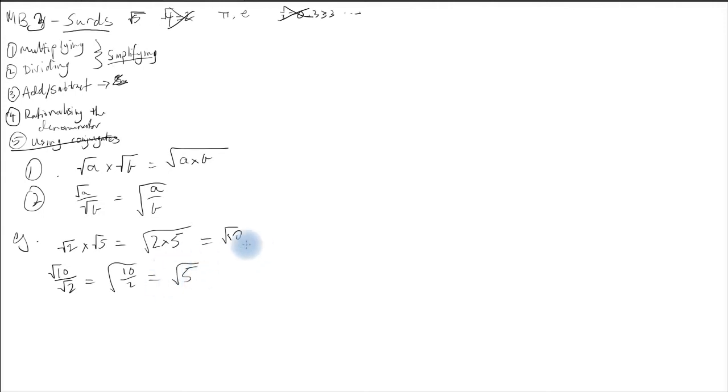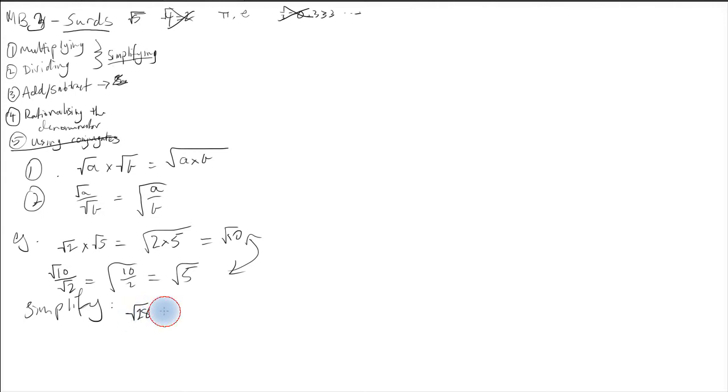Now obviously these two examples are sort of going backwards compared to the other one. So there's an extremely simple idea. Now this helps us simplify surds in the following way. Suppose our example was: simplify the square root of 28. What we need to do is look in 28 for a square number.